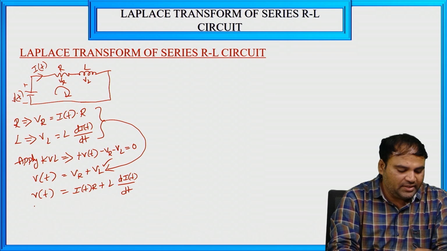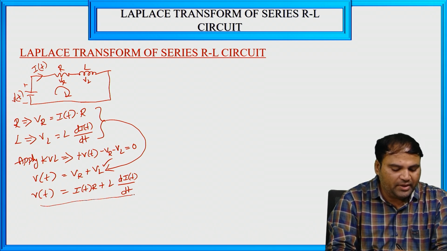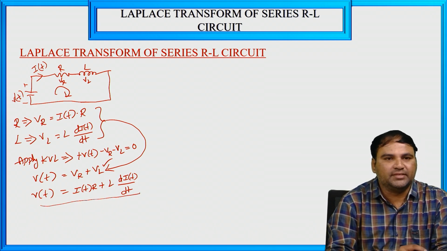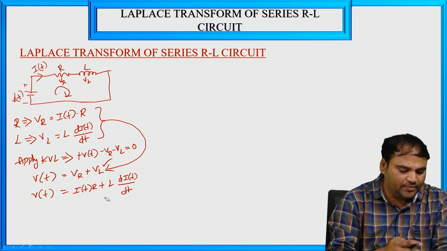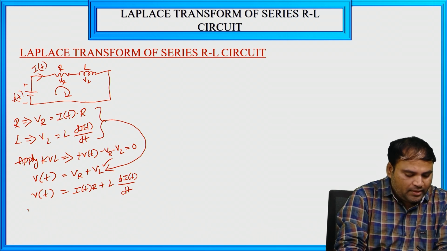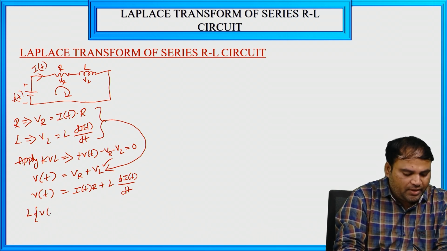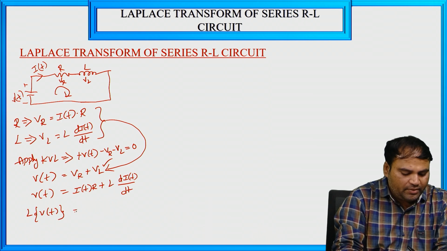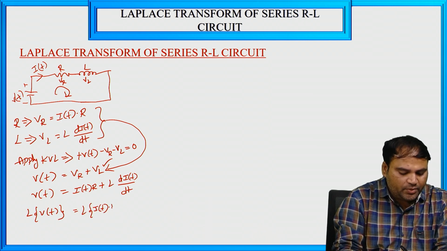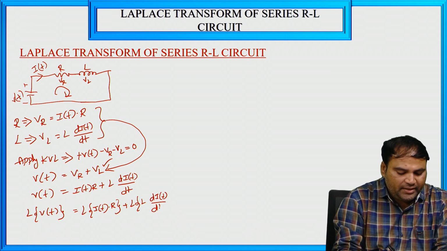Now for this equation we have to apply the Laplace transformation. Laplace transform of V of t equals Laplace transform of I of t into R plus Laplace transform of L into dI of t divided by dt.